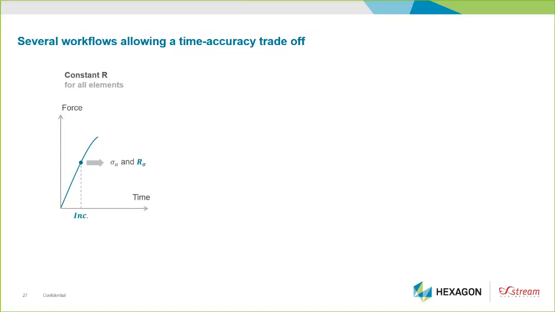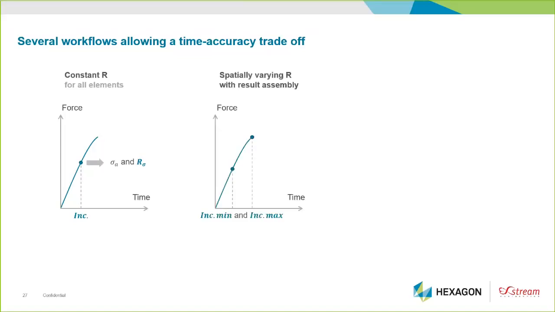So you can still do it in order to be really efficient. The second workflow is what we call the spatially varying load ratio with result assembly. Here, instead of relying on one increment, you rely on two increments, defining the minimum and maximum phase in the cycle of fatigue you're looking at.